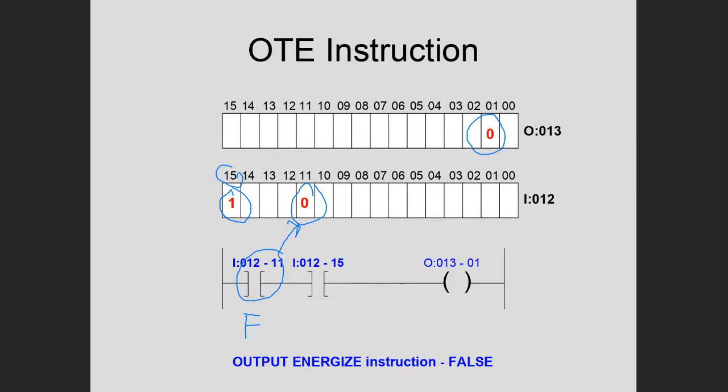This is looking for a 1. It sees a 1 over here, so this is true. But since you have these in series, they're ANDed together. When you AND a false and a true, you're going to get a false. So when the PLC on the next scan takes this bit position in the output image table and changes it from a 1 to a 0, whatever's mapped to this particular screw terminal on the output module is going to be turned off. You use AND logic to turn it off.